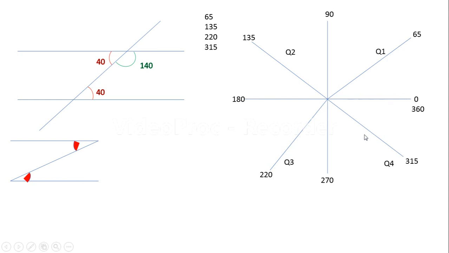So in this direction also it is 180, and this is also 180. Therefore, if you remove 40 from 180, you will get this 140. These two angles are supplementary, that means the sum will be 180.